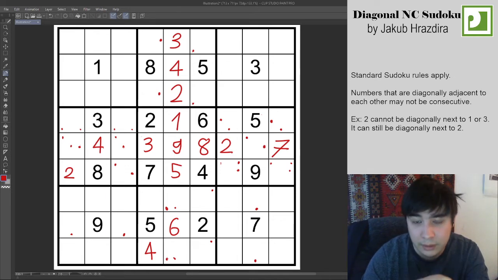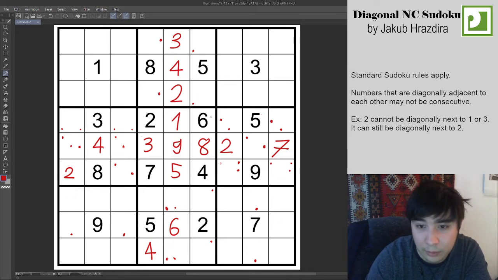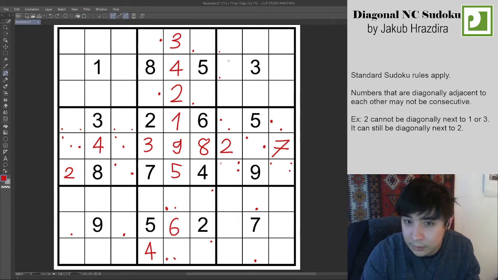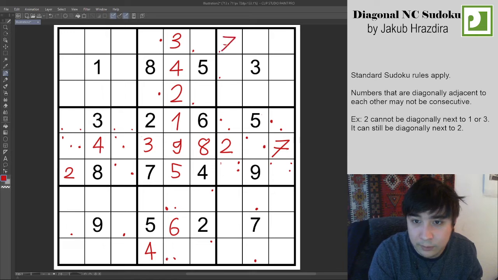Oh, this is a really interesting thing we can do at the top now. These 7s go up, and this 6 makes it so that we have to place 7s in these positions. But then if we put a 7 in the second row, that blocks both cells of the 7 pair that we have in the top middle. So what we actually have to do is resolve the 7s like so.